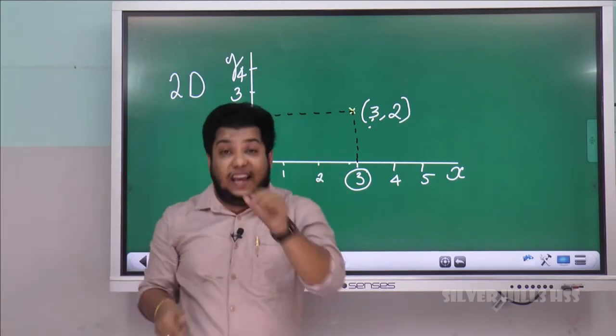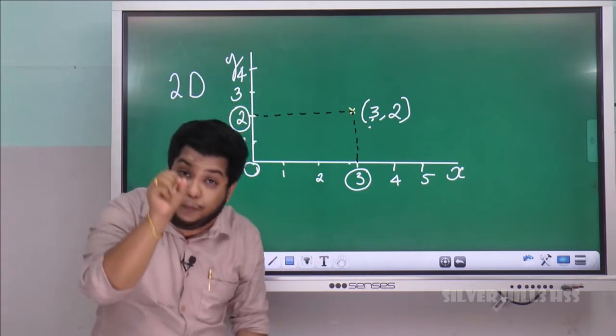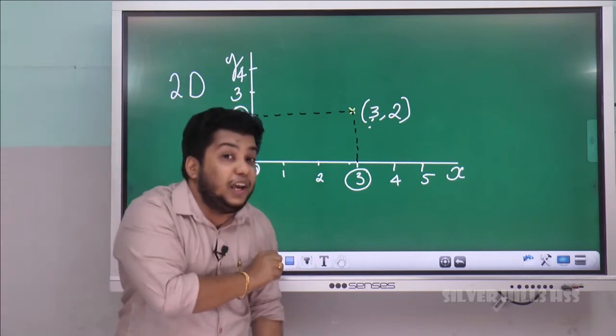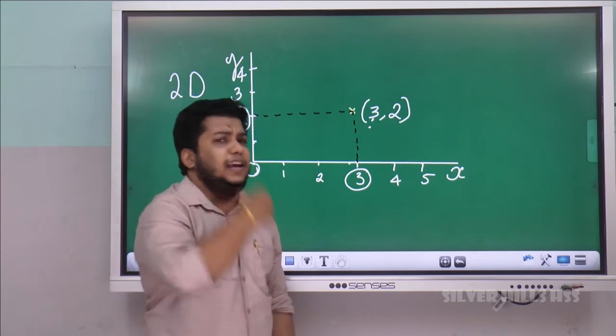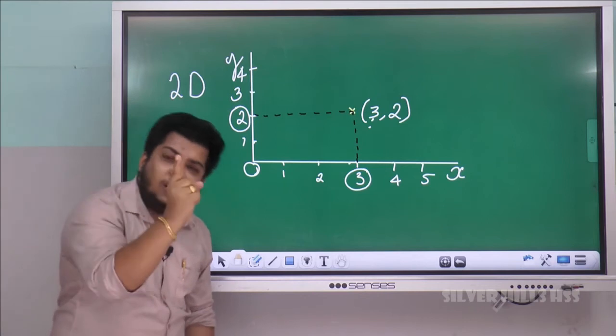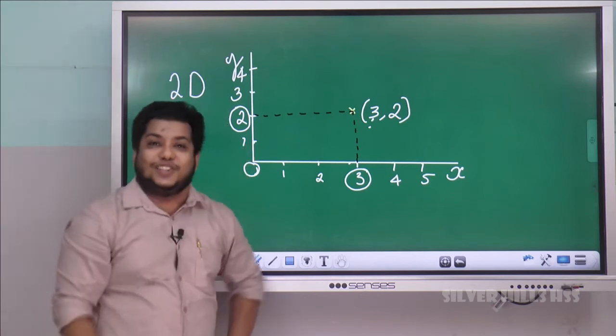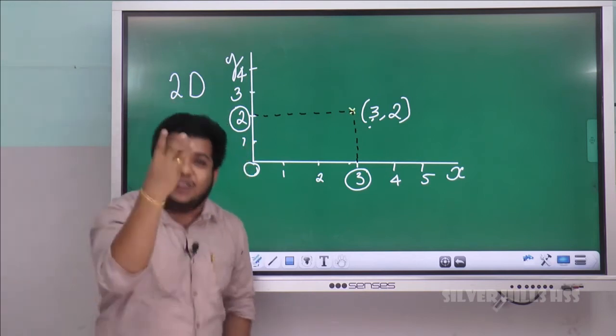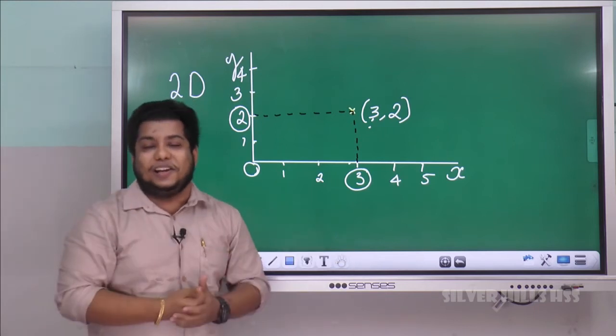Those motions in which the position of an object can be specified by using two coordinates are called two-dimensional motion. If we use one coordinate, that is called one-dimensional. If we use three coordinates, that is called three-dimensional motion.